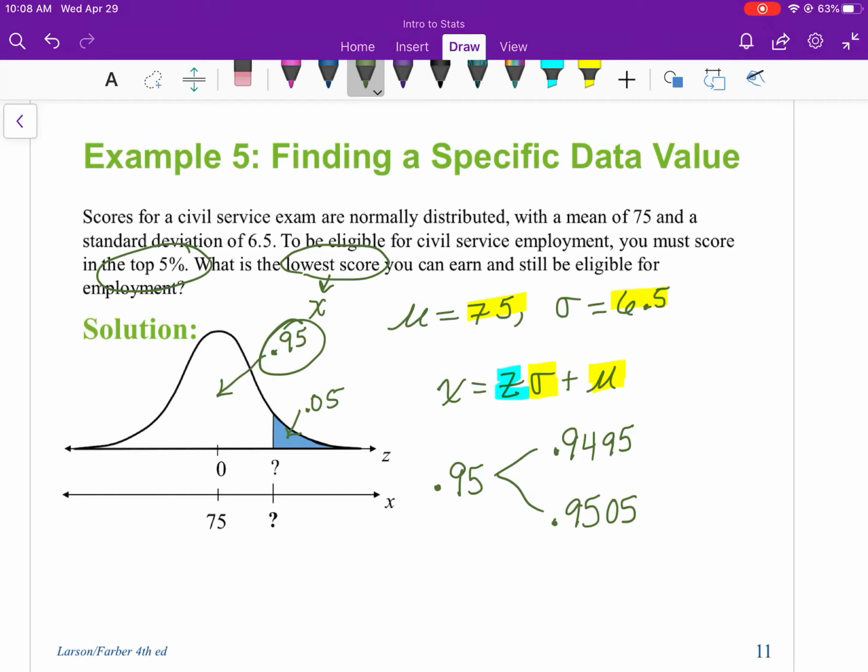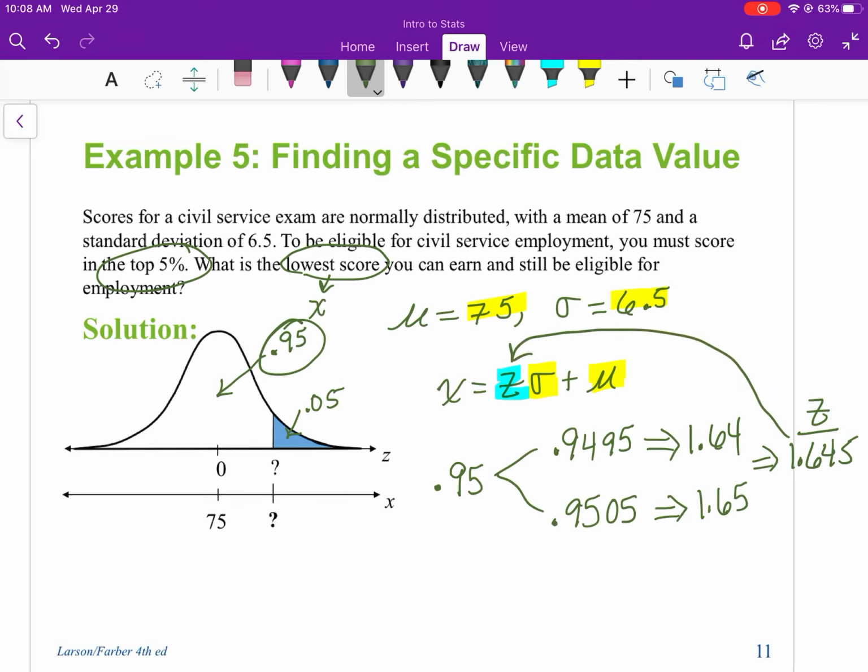And because it's in between two areas, what we're going to be doing is taking those Z-scores and going to the middle, averaging them together. So there's my Z-score.